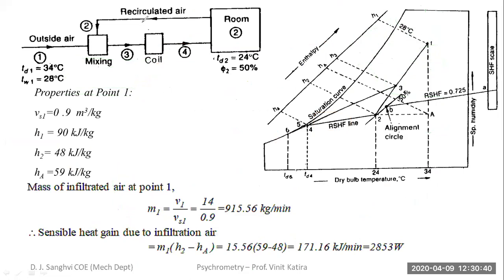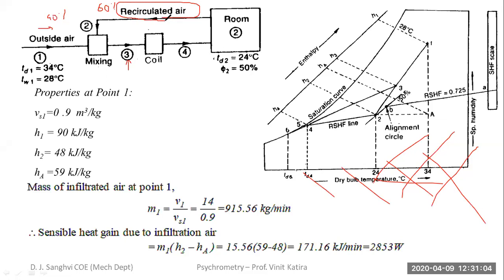Over here you can see that this recirculated air is 60%, and the outside air that is coming is mixing at 40%. So this means that this resultant point number 3 will be closer to the recirculated air condition, the room design condition.